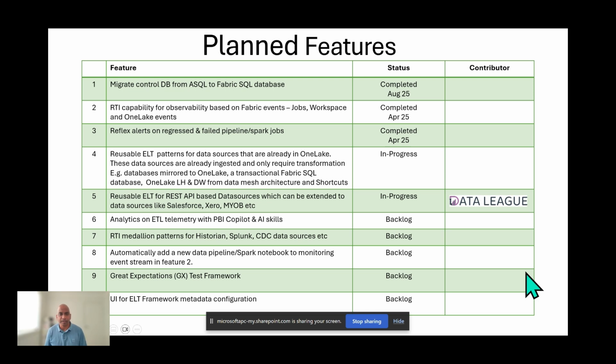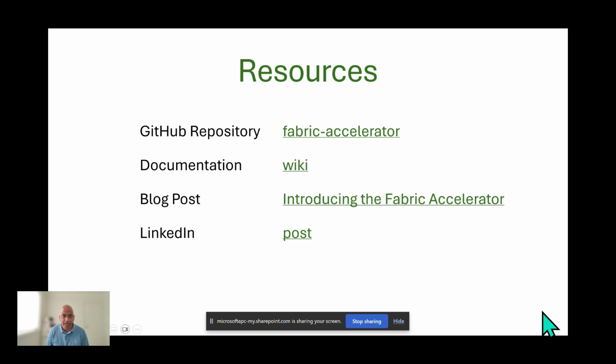That's all done, but we have some exciting features coming up, like integration with test frameworks through Great Expectations, or more real-time capabilities like the ability to work with change data capture data sources, Historian or Splunk, as well as introducing more AI capabilities into the platform.